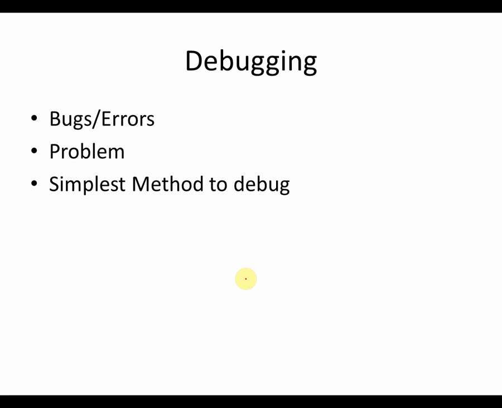Next, coming to the debugging process, let's understand what is the meaning of debugging. Process of eliminating bugs or errors. Okay, so the code which is written to be run on embedded systems may contain some errors. Now there is a problem over here. The problem is to find a bug or error in the binary image downloaded on the target board.